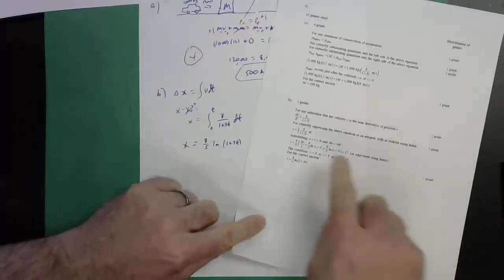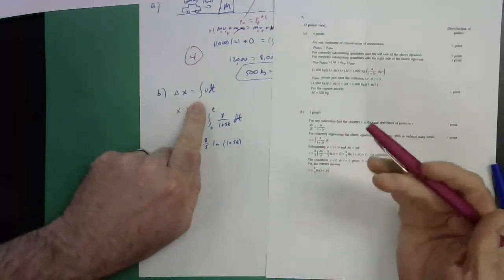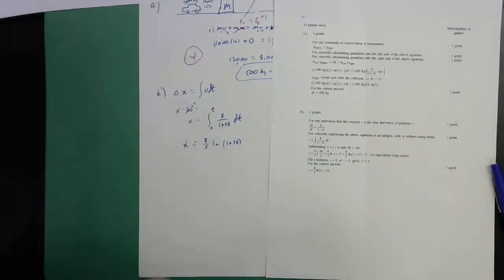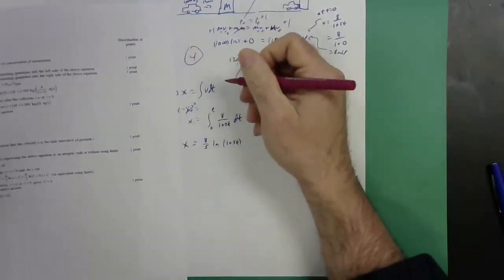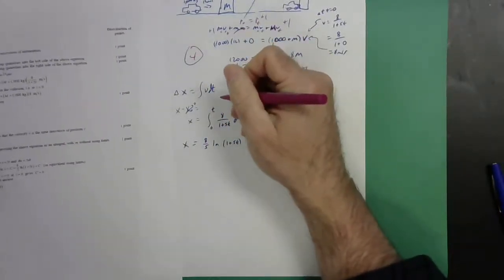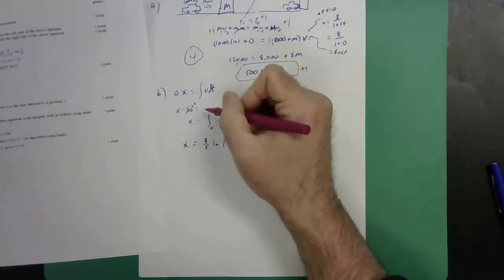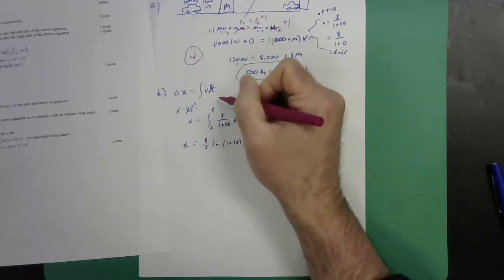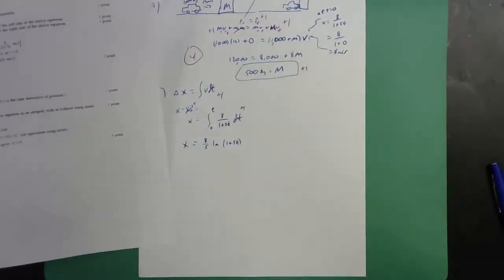I'm sure they would give you both points for that. Showing this shows that you understand that v is dx dt. It's all good. I would give me the points for this. Anyway, getting an integral form like this, with or without using limits. Yeah, I would give myself the points for both of those. The relationship between x and t, I think that's good.